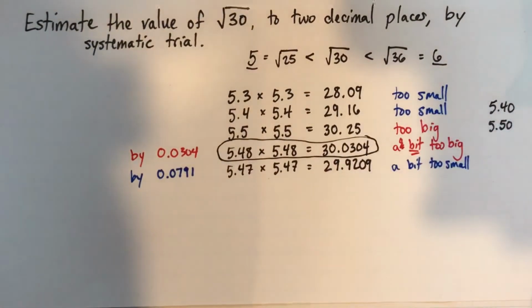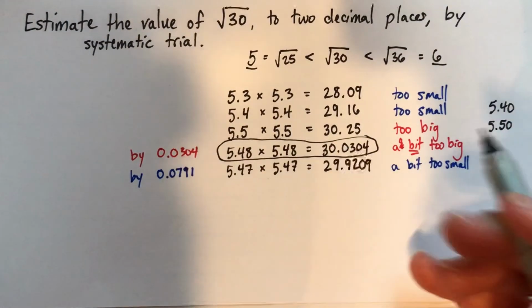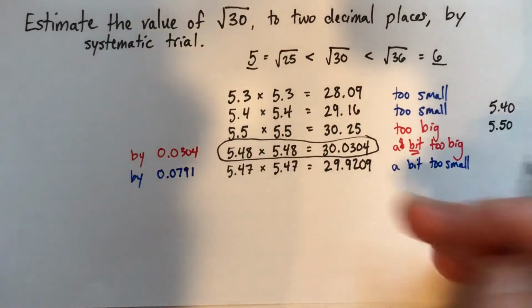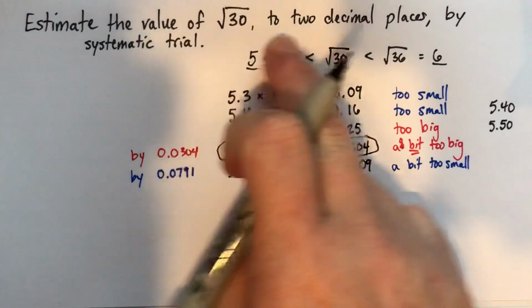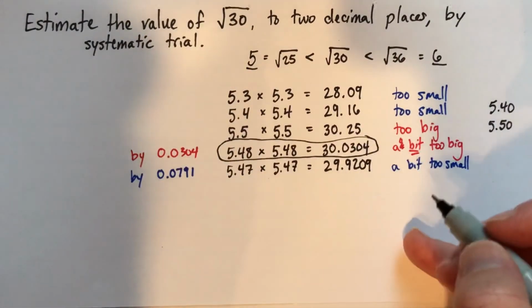So I think it's good to just circle it, because your final answer here isn't necessarily going to be the last one, so circle the one that you're using. And then we'll just write a quick sentence to answer the question. So the question was estimate the value of the square root of 30 to 2 decimal places by using systematic trial.